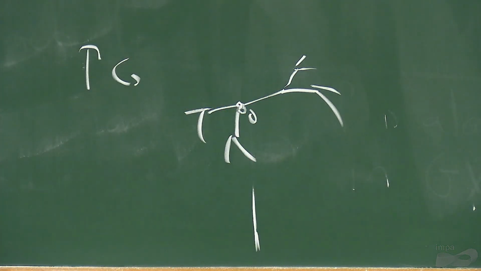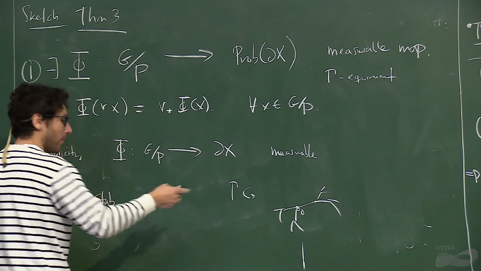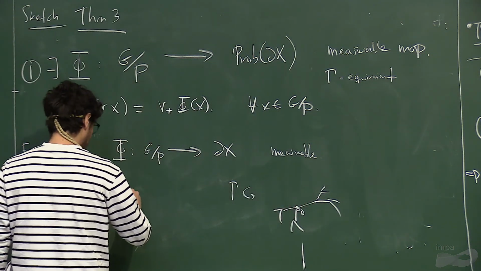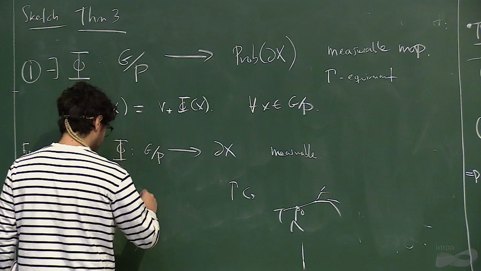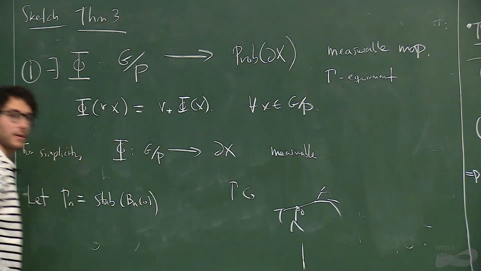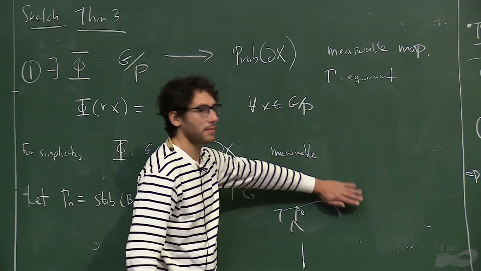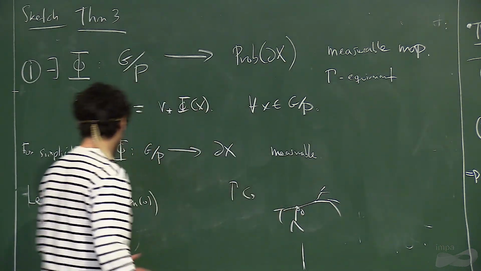I'm going to call gamma n the stabilizer of the ball of radius n of the tree. So gamma n is fixing this, but might be doing little things here.